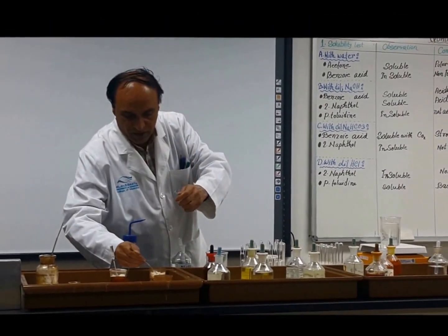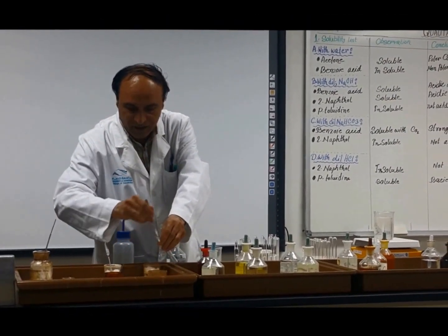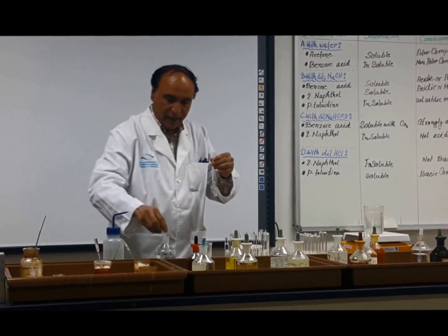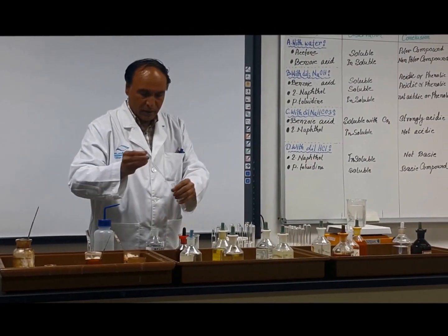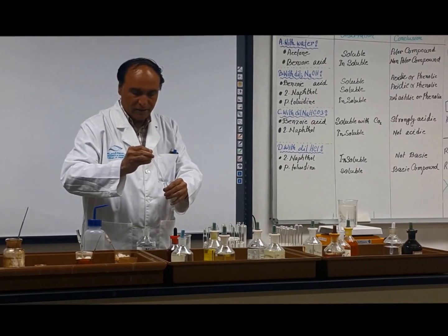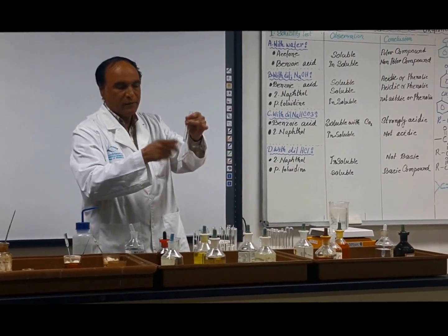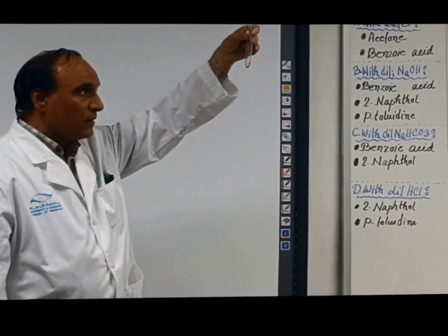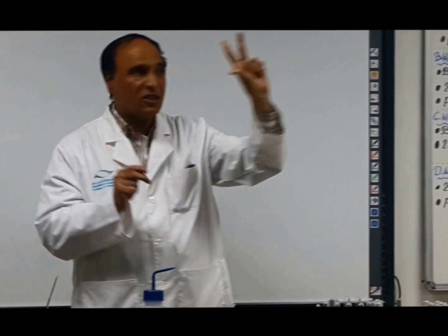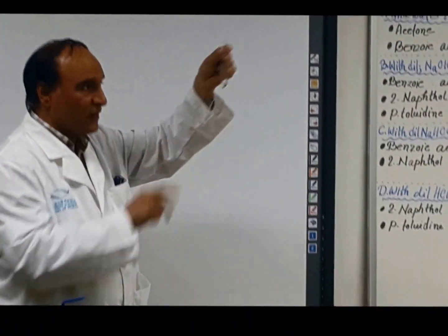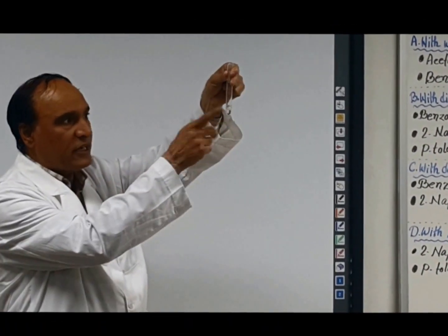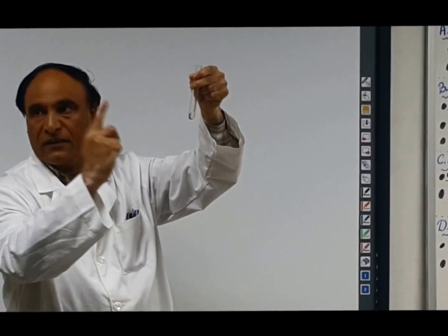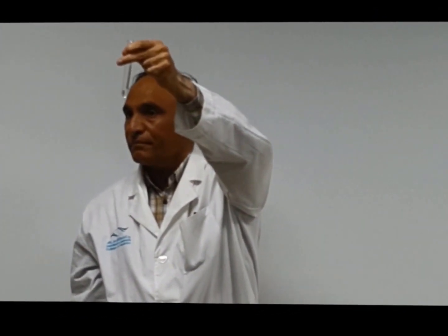I take a small quantity of the benzoic acid and I dissolve it in sodium hydroxide, and you can see that it dissolves. Did you see that? It dissolves. Hold the test tube with 3 fingers from the neck and shake it. It will move like this. So look over here, it dissolves.